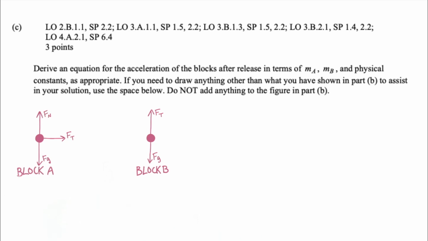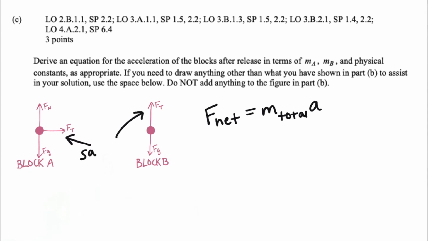Derive an equation for the acceleration of the blocks after release in terms of mass of A, mass of B, and physical constants as appropriate. If you need to draw anything other than what you have drawn, okay. So basically, if you look at the diagram that we made earlier of the forces being exerted on the two blocks, the tension force being exerted on the blocks is the same.